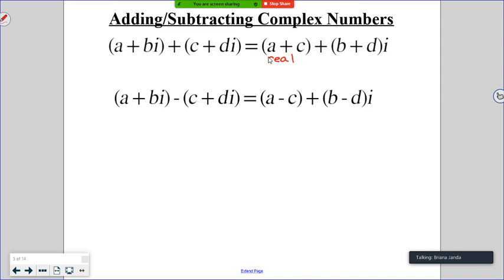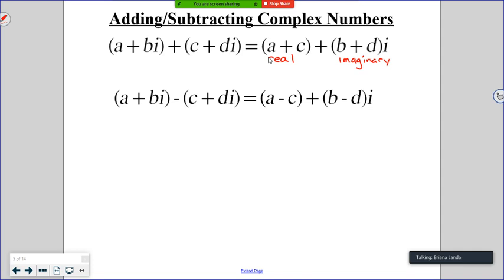You match the imaginary numbers together and add those. No different than we would have found our plain constants on our warm-up and our x's on our warm-up, and combine those like terms.